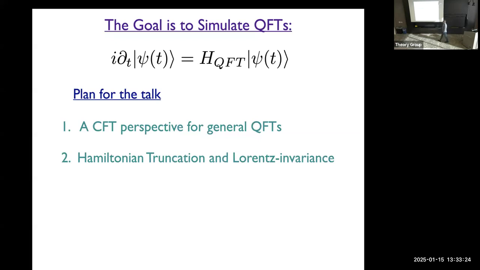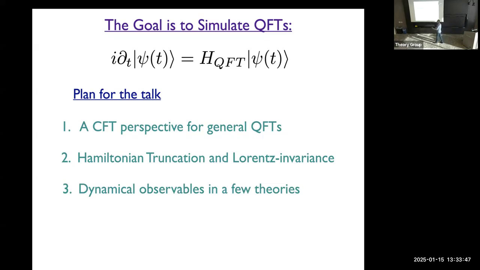Then I want to say a few words about the method that I'm going to be using to simulate quantum field theory. It's a method called Hamiltonian truncation that I will explain. And I want to talk a little bit about its connection to Lorentz invariance and the challenge of doing things in a Lorentz invariant way.